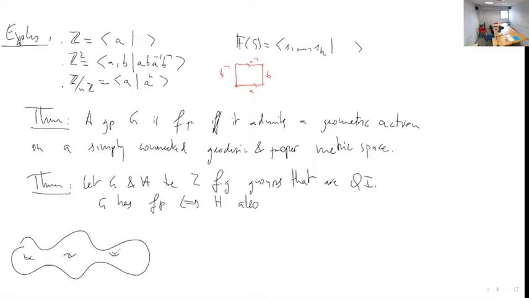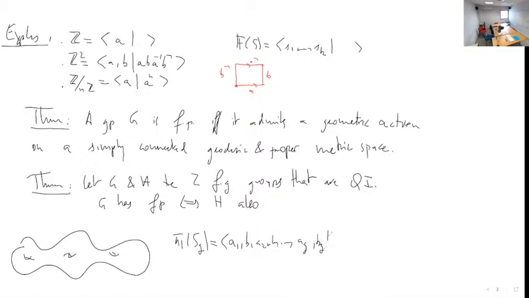Then the presentation for the fundamental group. So you have 2g generators. Usually we call them a1, b1, a2, b2, up to ag, bg.